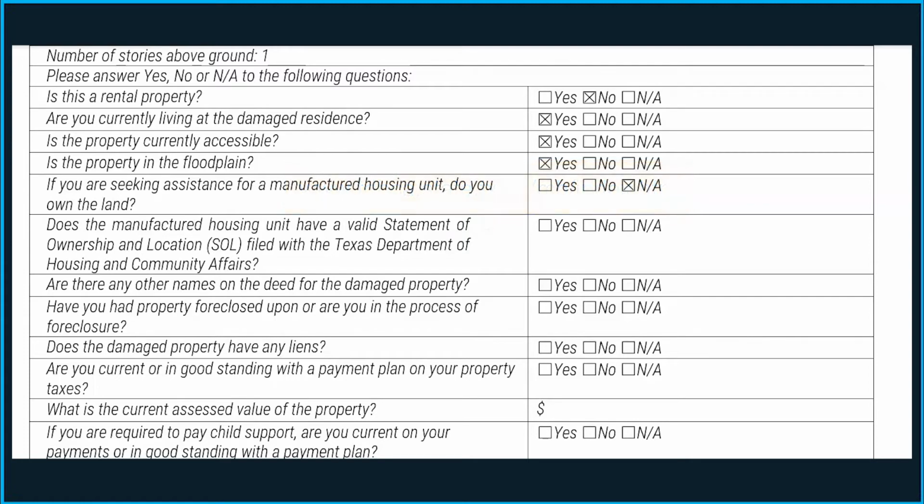For a manufactured home to be eligible, it must have a statement of ownership and the property must be selected as real property on the statement of ownership. However, please note that Texas law states that as of September 1st, 2003, all titles became statements of ownership. The program will accept titles that identify the property as real property as well.